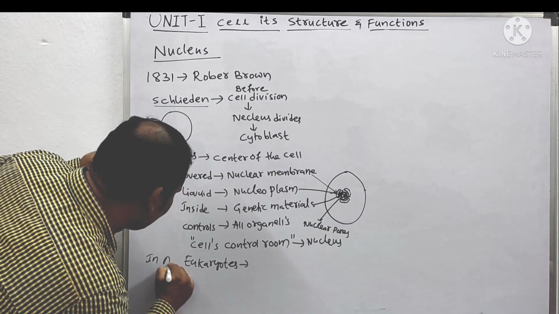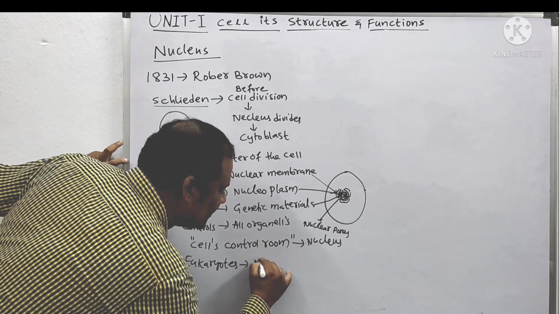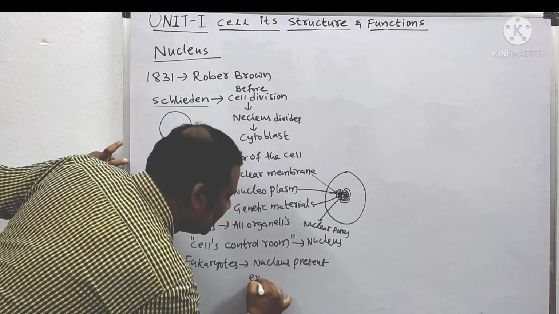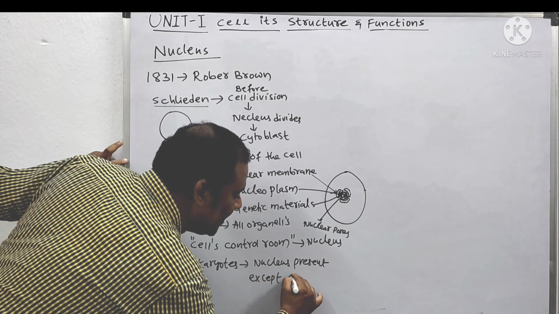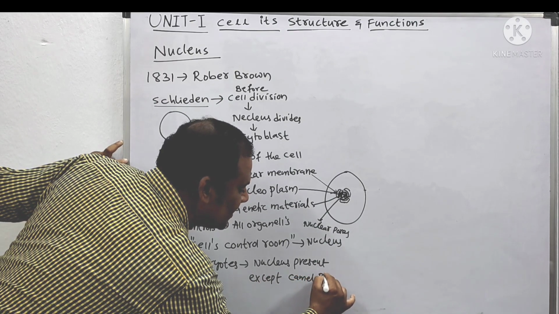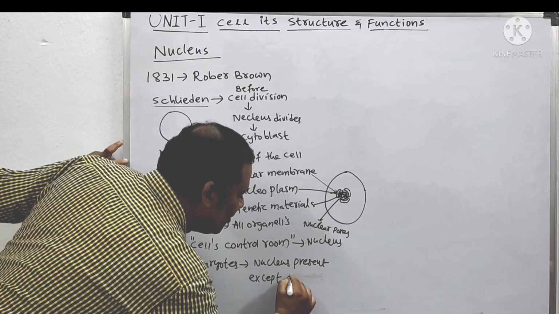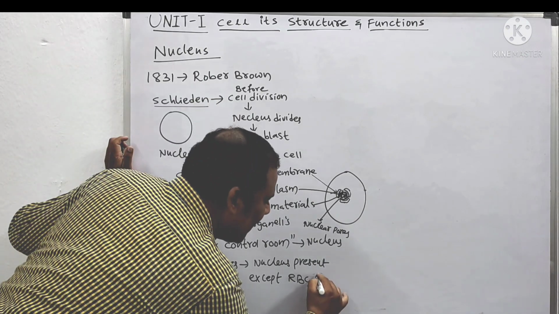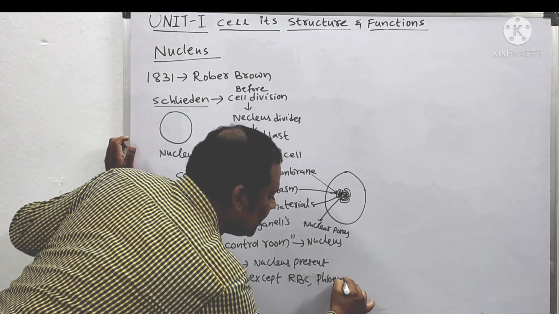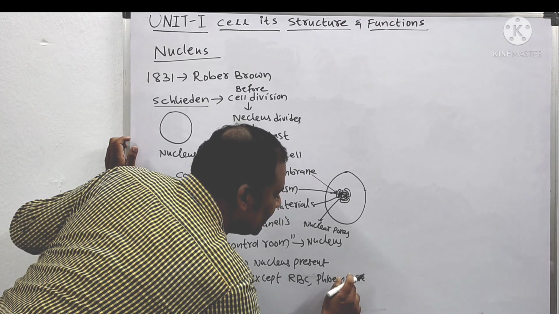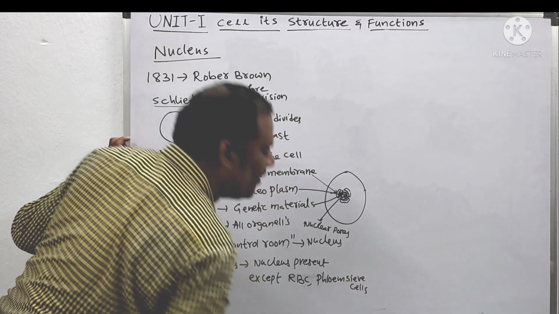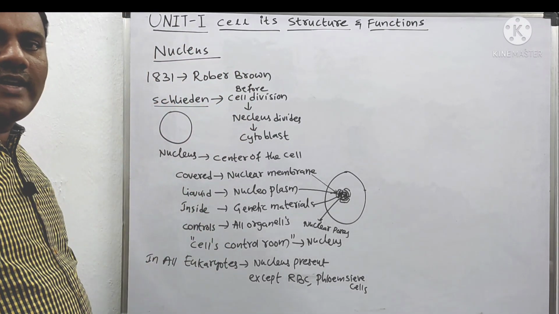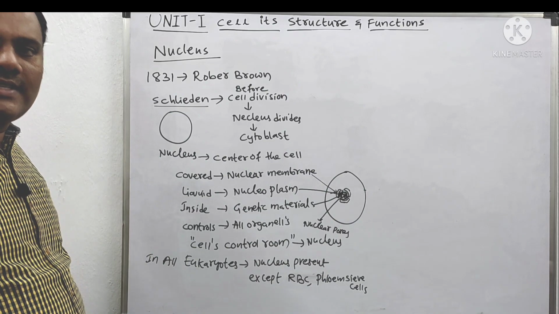In all eukaryotes the nucleus is present, except for a few exceptions. What are they? The RBCs in human beings, that is the red blood cells of our body, and in plants the phloem sieve cells. They won't have a nucleus. Other than these two, all remaining eukaryotic organisms have a nucleus in their cells.